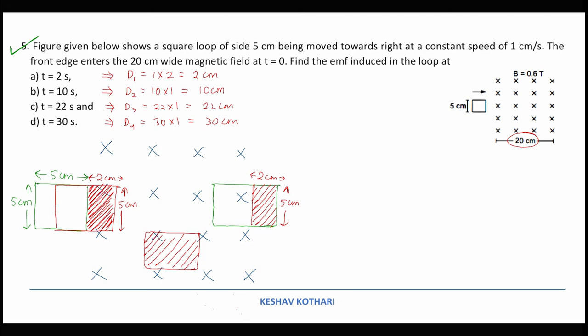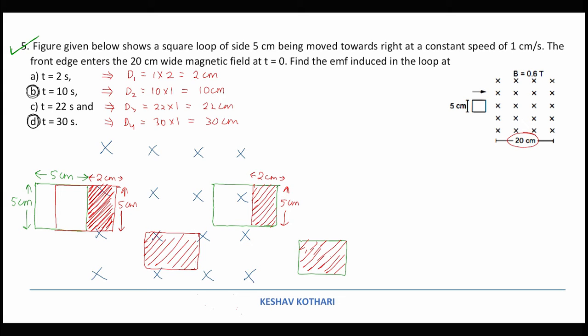And in the last part at t equal to 30 second, again the entire loop will move out of the region of magnetic field, so there is no change in magnetic flux taking place at this instant of time. So the EMF induced at 30 second is also going to be 0. So these two answers we have made out that the value is going to be 0 for B and D. There will be no flux change associated with the coil at these two instants of time.